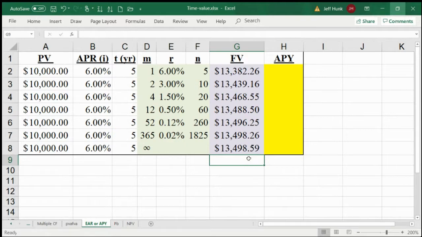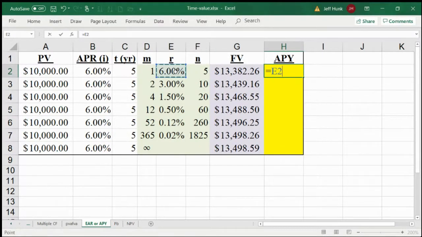Now, APY or effective interest rate. So what do we do? 1 plus APR over M in the parentheses, and then raised to M, right? But then think about it.